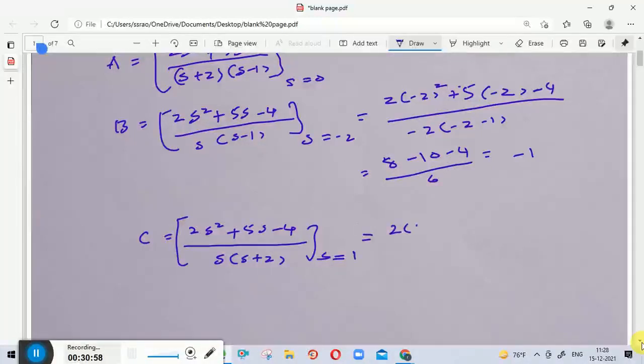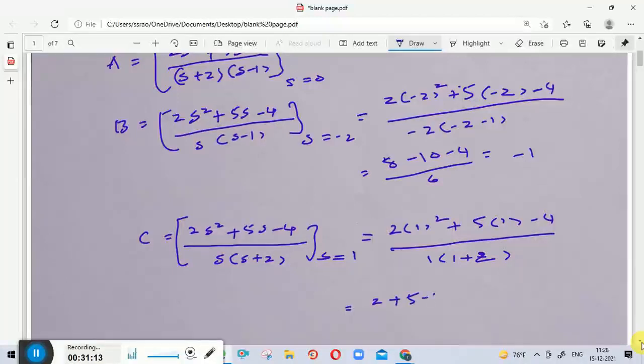So 2 into 1 square plus 5 into 1 minus 4 divided by 1 into 1 plus 2. So 2 plus 5 minus 4 divided by 3. 7 minus 4, 3. 3 by 3 is 1. Value of c is 1.